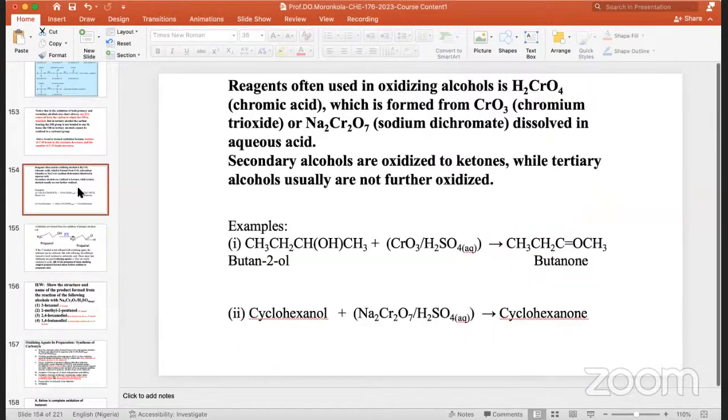I gave you this example first, where you have a secondary alcohol, butan-2-ol as an example, which in the presence of the chromium compound, chromium trioxide here in acid, you have the ketone being formed, that's butanone. The cyclic alcohol, which happens to also be a secondary alcohol, is also oxidized to cyclohexanone.